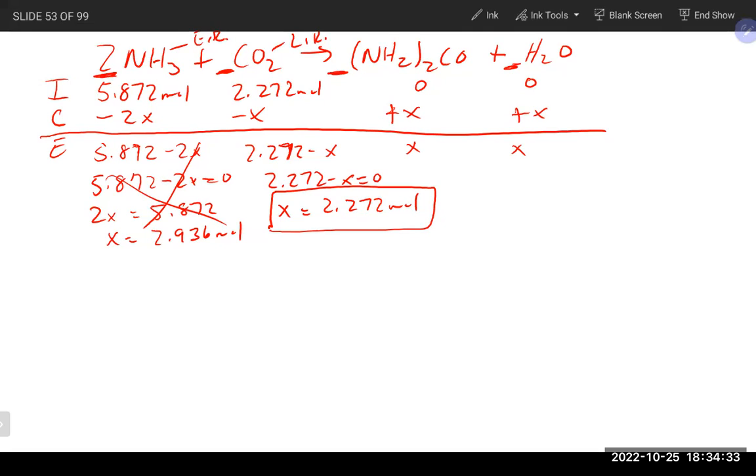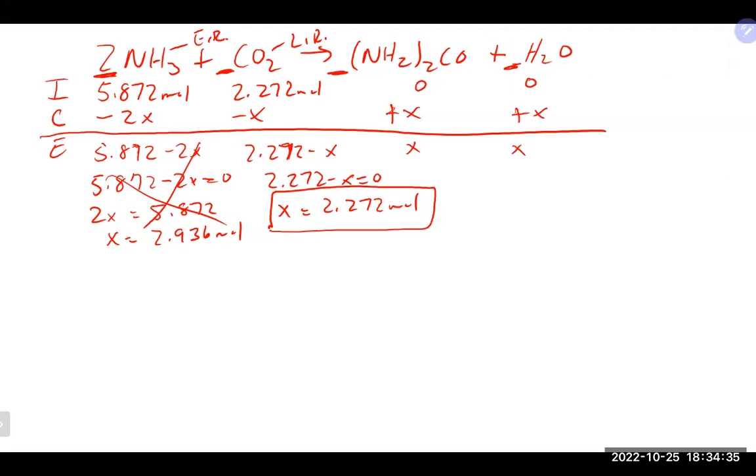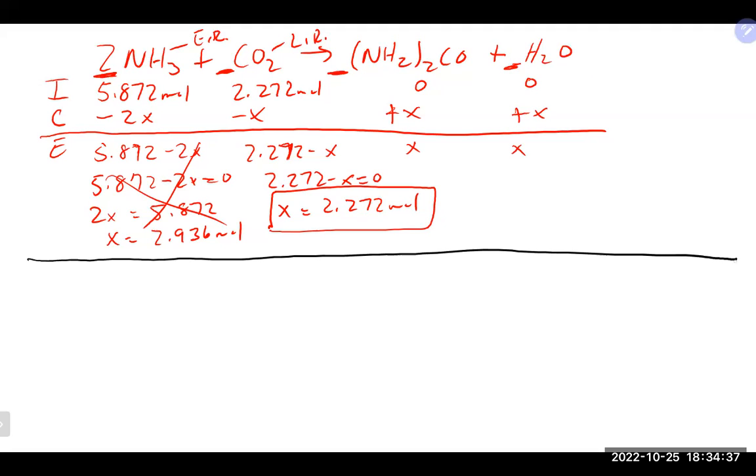Once again, if you took the other approach, you would have done some type of calculation like this, where you would take 5.872 moles of NH3 and figure out how many moles of CO2 you would need to use it all up.